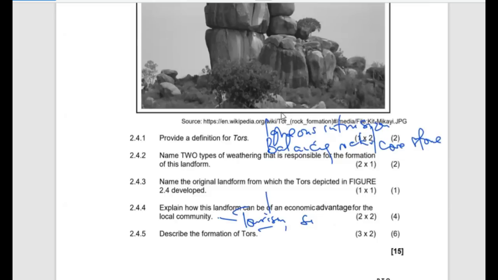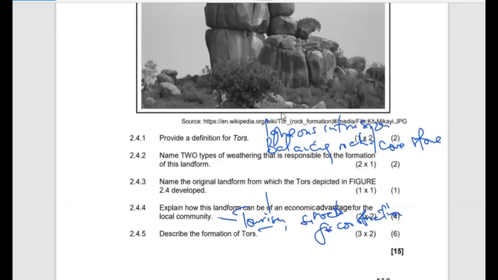These rocks are of volcanic origin. They can be used for different construction purposes. So you justify how these landforms can be beneficial to the people. Local community, how can they benefit from the existence of such features in their area?